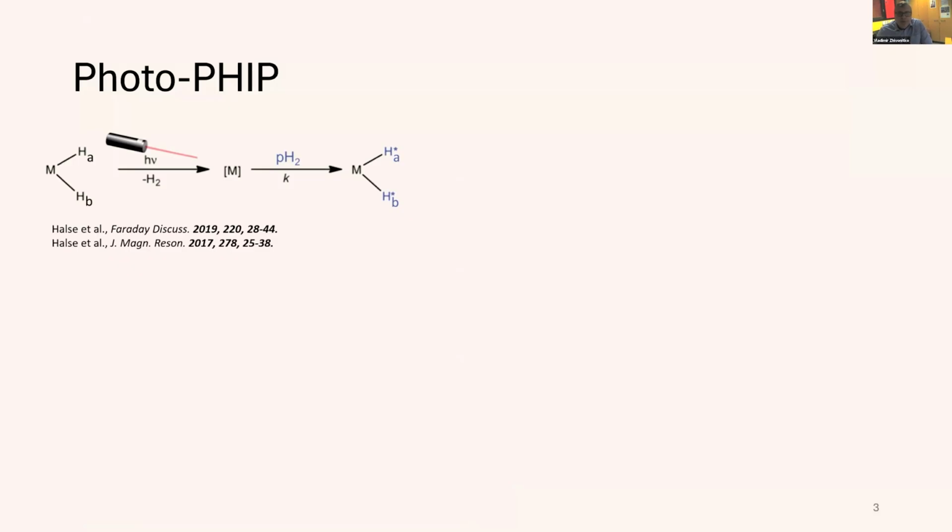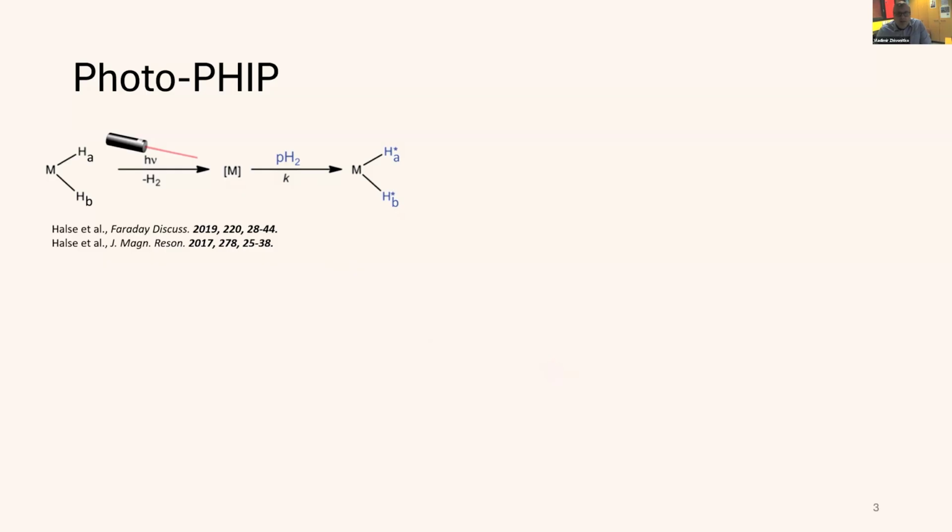For instance, it's possible to photoactivate ejection of hydride ligands from metal complexes using light, which leads to highly active 16-electron intermediates. Typically, it's for ruthenium complexes. And then that active species can react with parahydrogen really rapidly. This is a laser pump technique developed by Megan Halse, Simon Duckett, and co-workers.